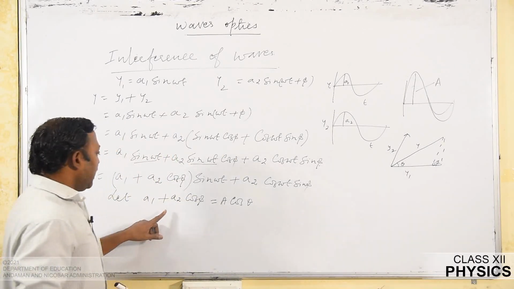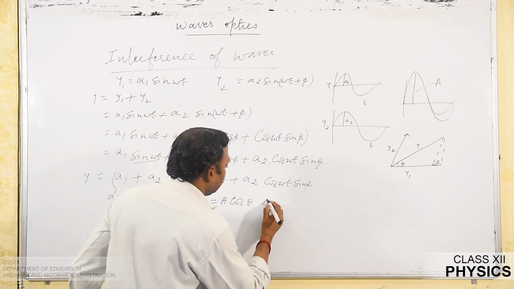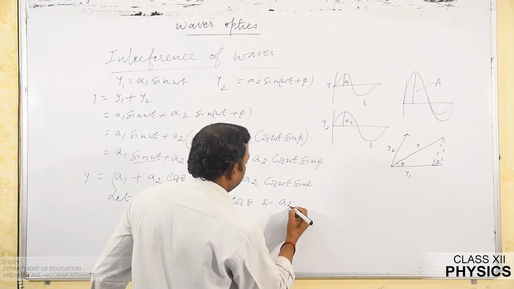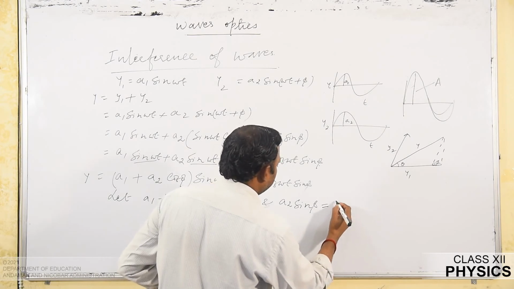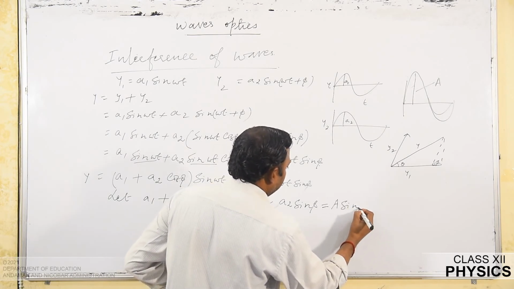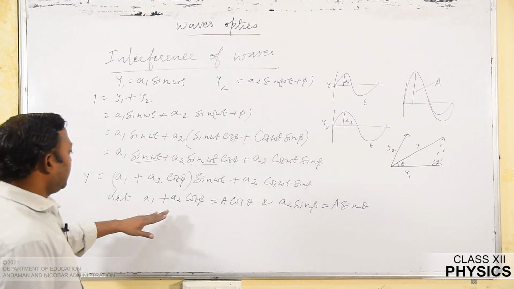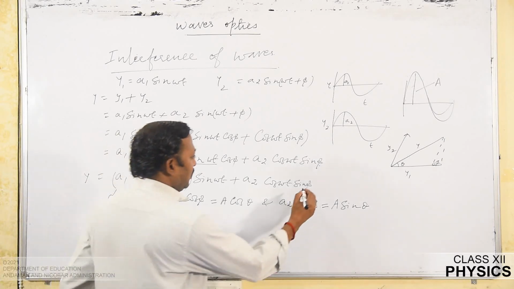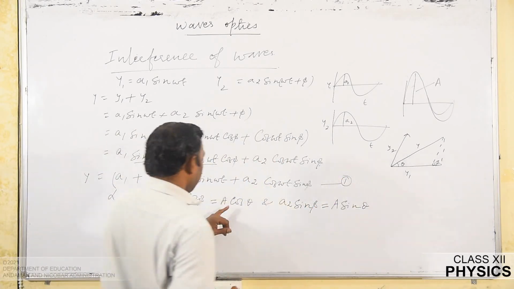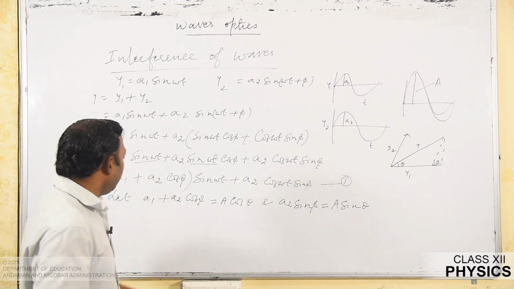So here a1 plus a2 cos phi is taken as a cos theta, and take a2 sin phi as equal to a sin theta. Now substitute the value of a1 plus a2 cos phi equal to a cos theta, and a2 sin phi equal to a sin theta in equation 1.